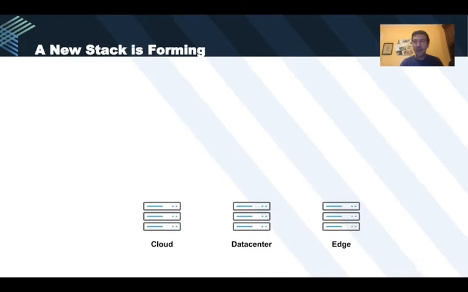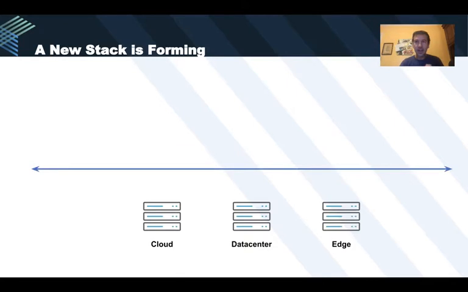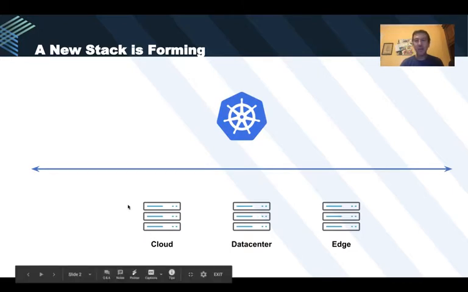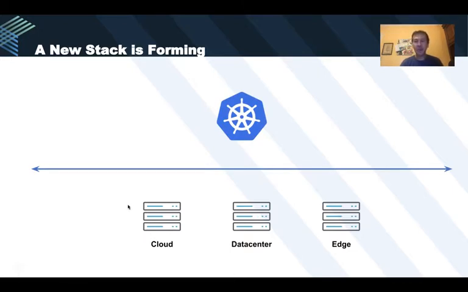And clearly, there's a lingua franca, a common denominator that is appearing to run applications in these heterogeneous environments, and essentially to adopt the same approaches and treat things in a similar way. And this common lingua franca is clearly becoming Kubernetes.